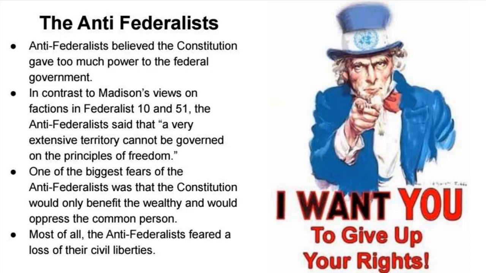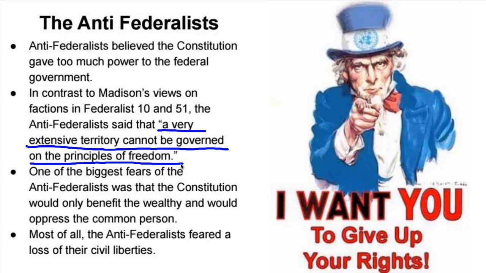And in contrast to Madison's view on factions, that all that competition would in fact protect liberty, the Anti-Federalists thought that a very extensive territory cannot be governed on the principles of freedom. That each of the individual states were better protectors of freedom and liberty than a large federal government.